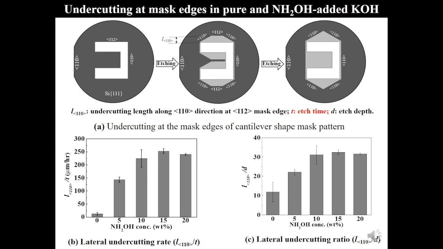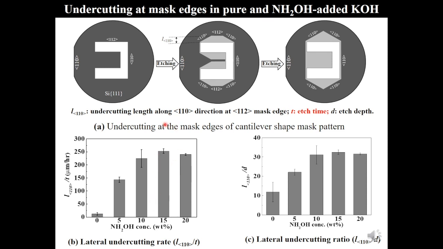In this case, we have the cantilever-shaped mask pattern, which has to be released by the undercutting process. So we require the undercutting at 112 mask edges along the 110 direction. Here you see the undercutting rate along the 110 direction increases to a very high level when NH2OH is added.